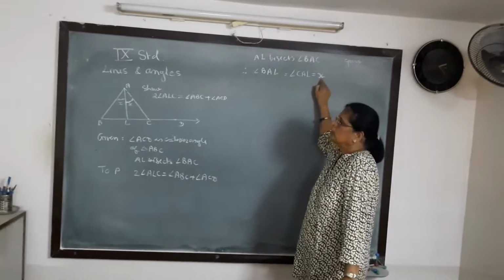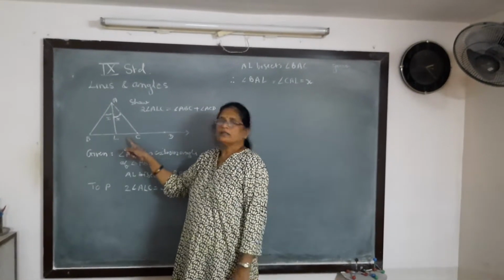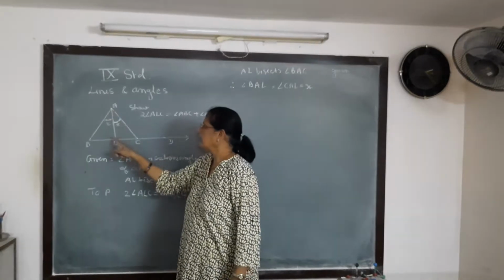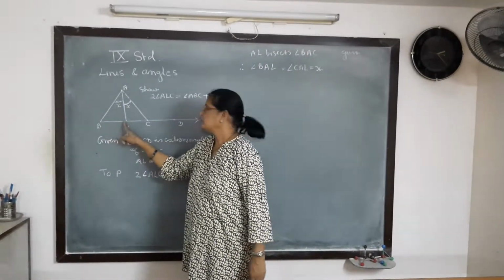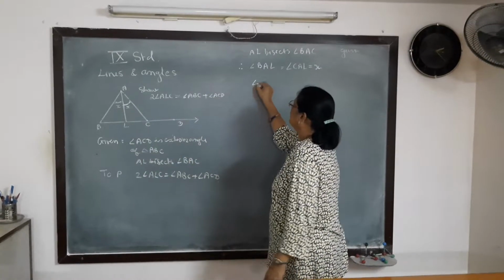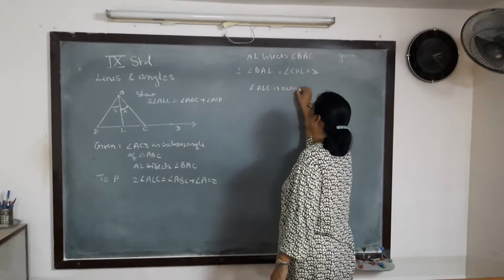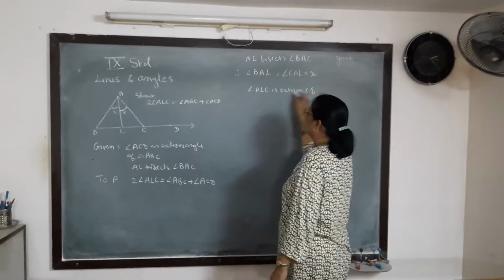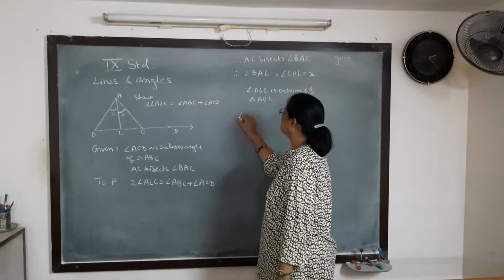Now we shall move to the exterior angle. Since we have to look at ALC, ALC is exterior angle of which triangle? You can see angle ALC is exterior angle of triangle ABL. So we shall use it. What does the exterior angle theorem tell us?